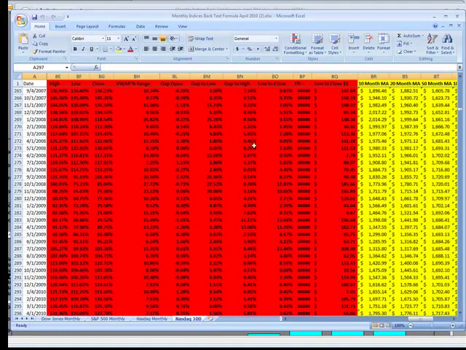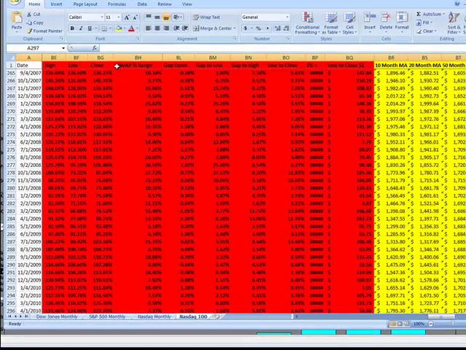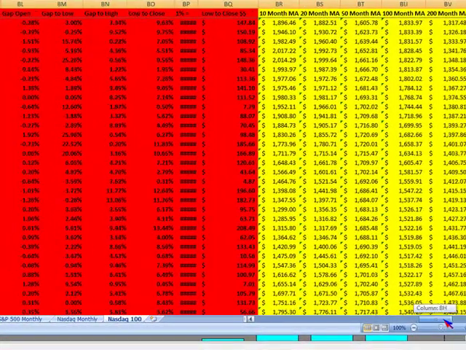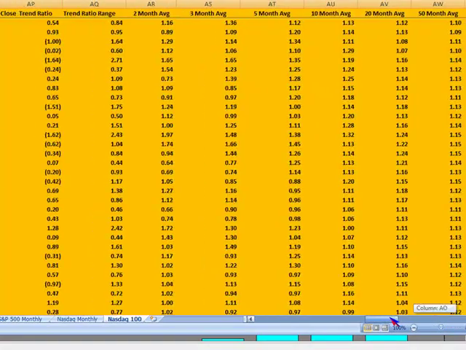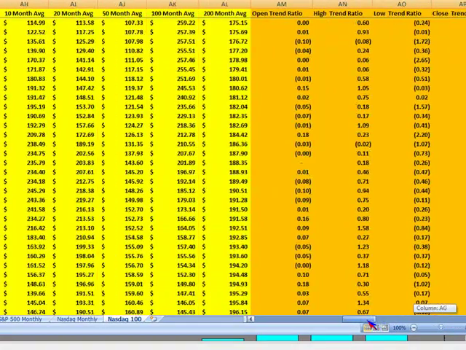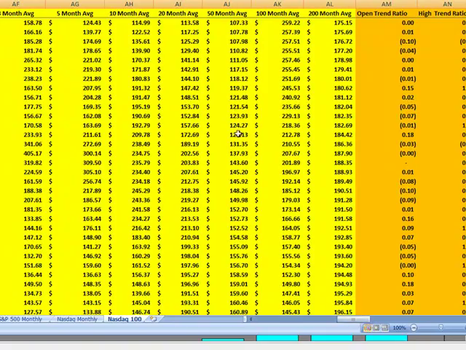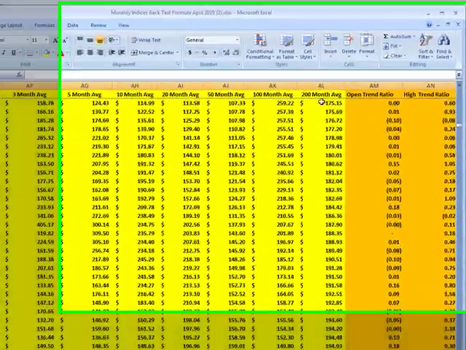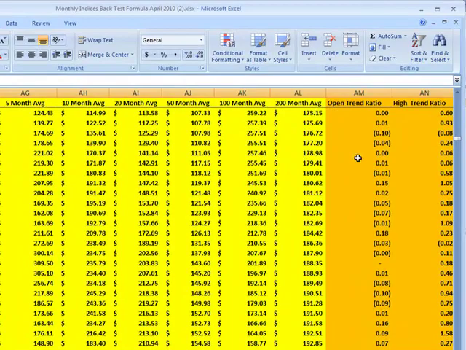And same thing on the NASDAQ 100. And gap open, gap to the lows, gap to the highs, low to the close. All mathematical. Over 30 years of back testing I've done, and all of it's in here, and volume and everything. Monthly moving averages, what they were doing at a 2-month moving average all the way up to the 200-month moving averages.